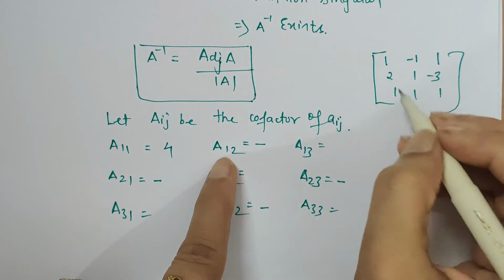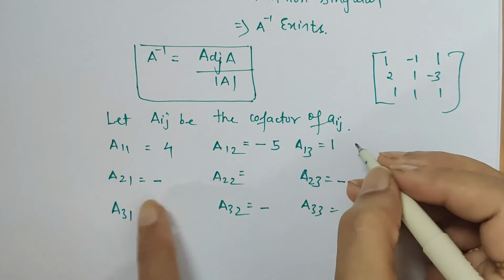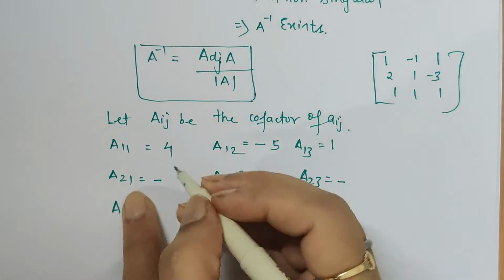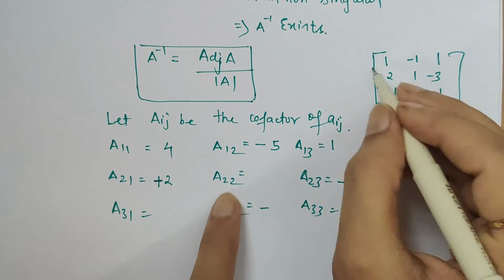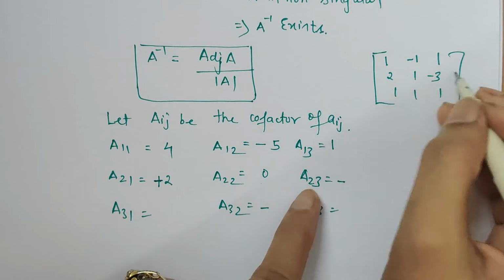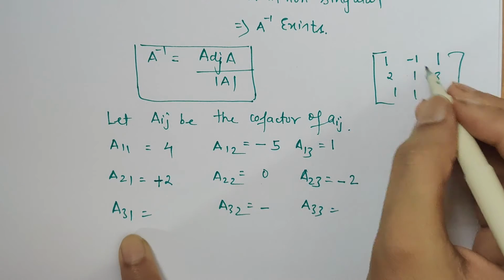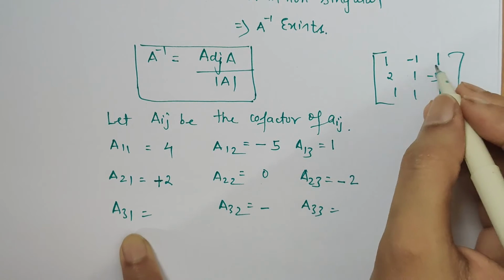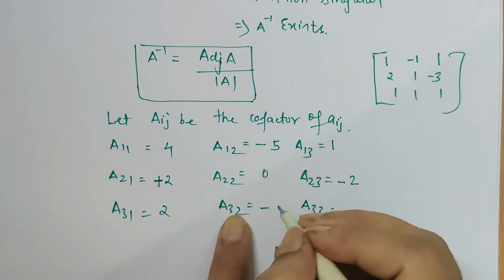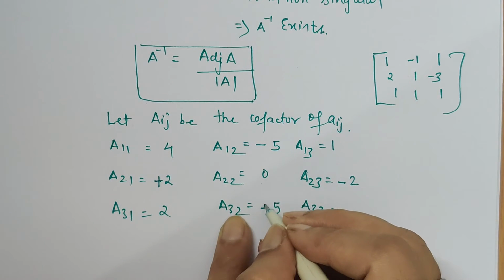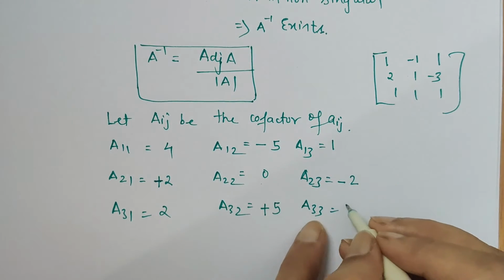Then 1, 2: 2 plus 3 is 5. 1, 3: 2 minus 1 is 1. 2, 1: minus 1 is minus 2, and the minus sign is already present, so plus 2. 2, 2: 1 minus 1 is 0. 2, 3: 1 plus 1 is 2. 3, 1: minus 1 into minus 3 is plus 3, minus 1 is 2. 3, 2: minus 3 minus 2 is minus 5, but the minus sign is already present, so it becomes plus 5. 3, 3: 1 plus 2 is 3.